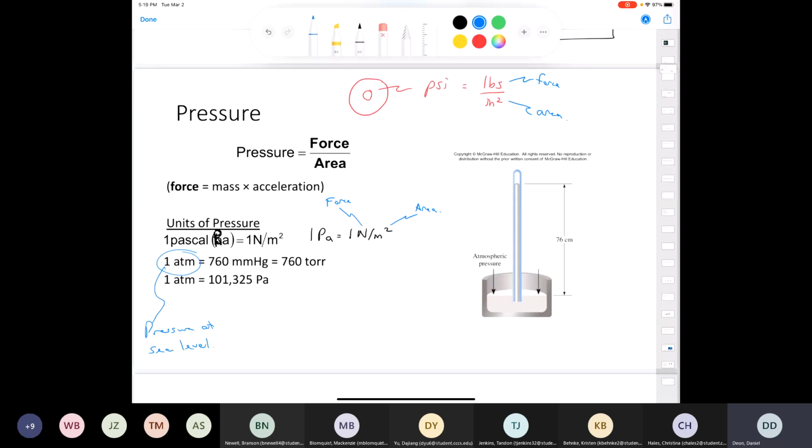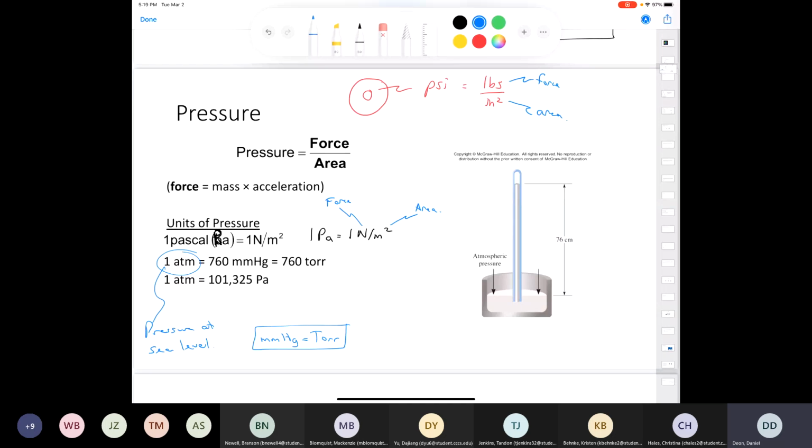Now that's one of the funniest unit conversions you'll ever see in science, that a millimeter of mercury is equal to a torr. And you might be wondering, what are millimeters of mercury and what are torrs? And why are they equal to one atmosphere? Well, let me tell you the story very quickly.